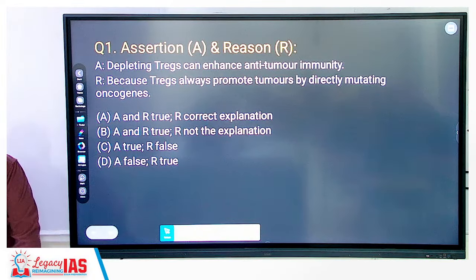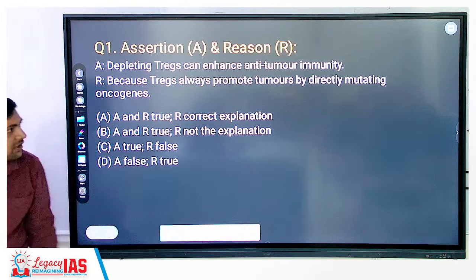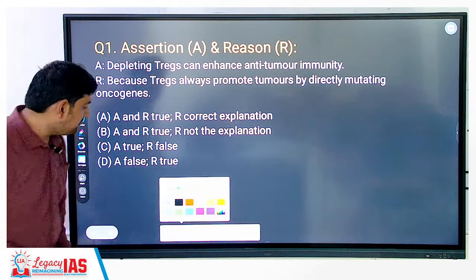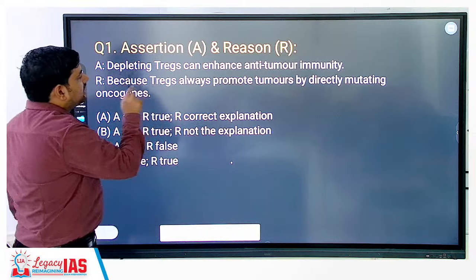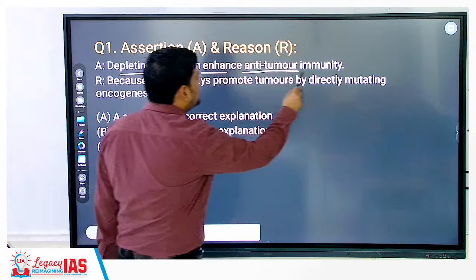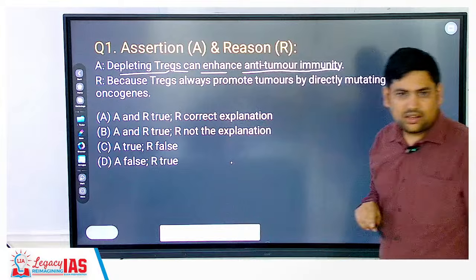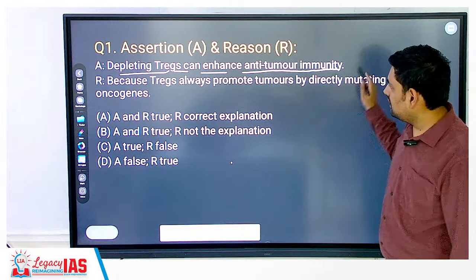Raise your hand for C. Okay. What it says? See, first statement is depleting Tregs can enhance anti-tumor immunity. This is correct?